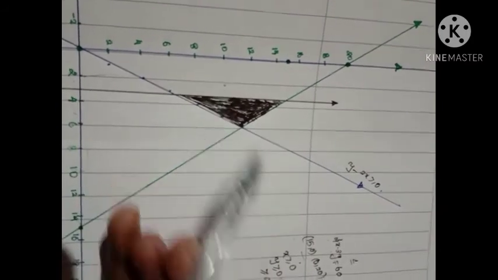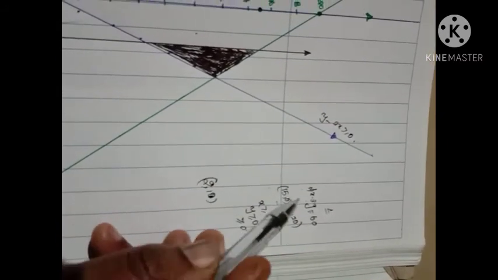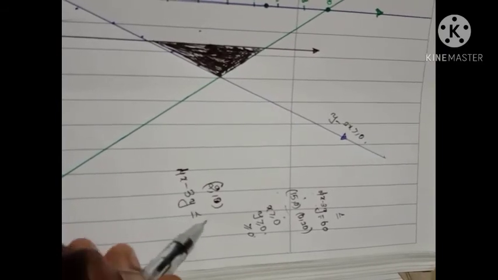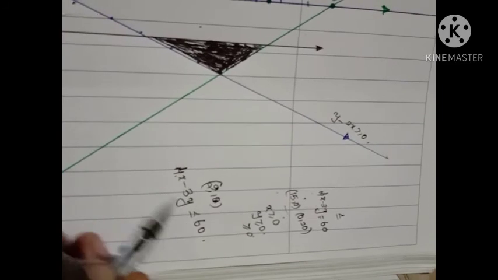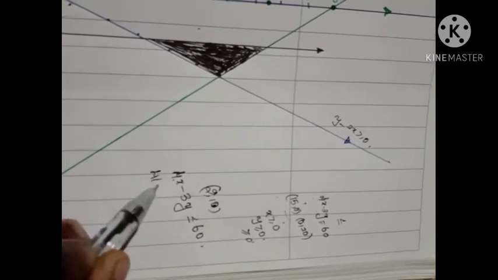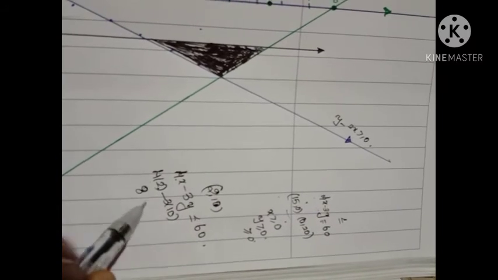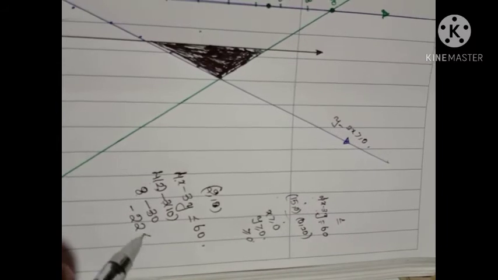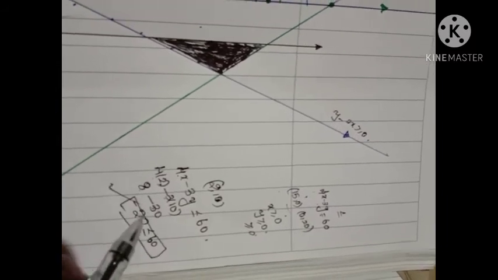Now consider the first inequality, 4x plus 3y is less than or equal to 60. Put x equal to 2, y equal to 10 here. So 4 into 2 plus 3 into 10, that is 8 plus 30, 38, which is less than or equal to 60. This is true.